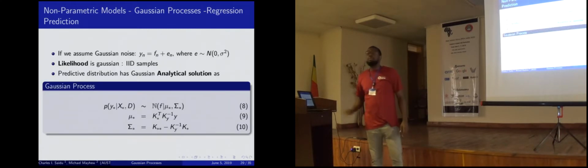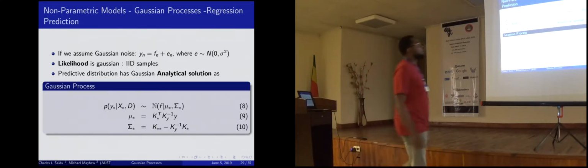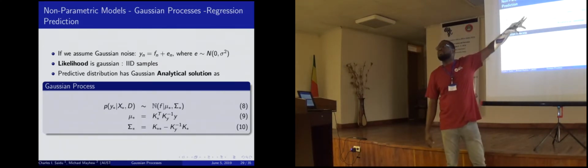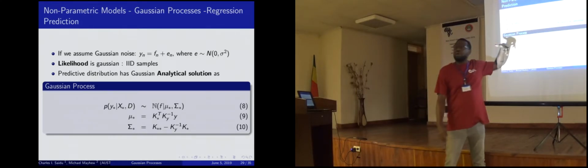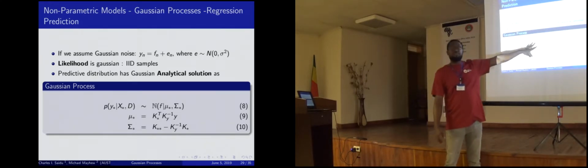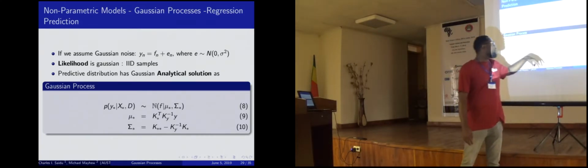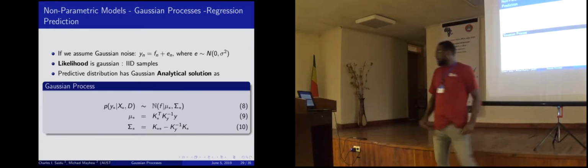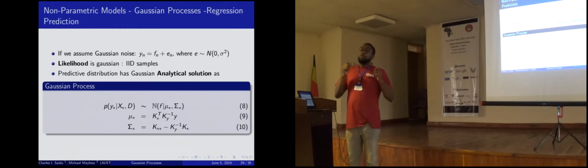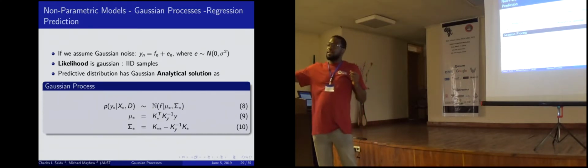If I want to make predictions, and I want to do Gaussian process regression, for example, and I assume that my likelihood function is also Gaussian, I can simply get the posterior distribution by applying this formula. So what are these terms? This x star is defined by k star, and k star is the covariance matrix between your training sets and your test sets.